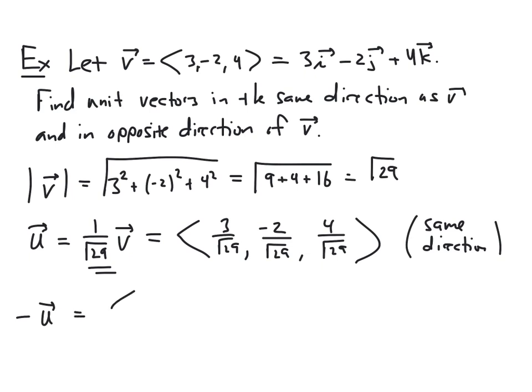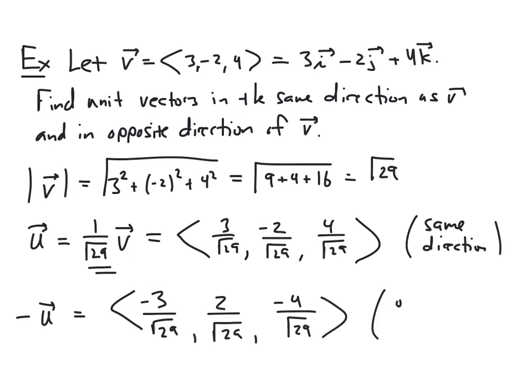When we do that, we're just going to change the sign of all of the components. So this will be negative 3 over square root 29, positive 2 over square root 29, and negative 4 over square root 29. And so this will be the unit vector in the opposite direction.